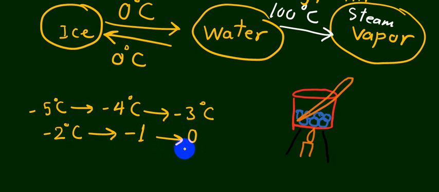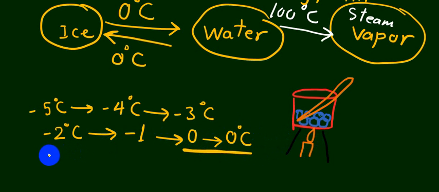After 0, after 1 minute, the temperature also will be 0 degrees Celsius. Why? The temperature will stay constant, though heat is absorbed by ice.